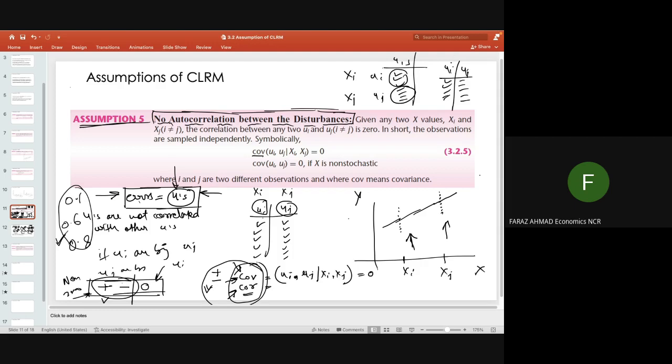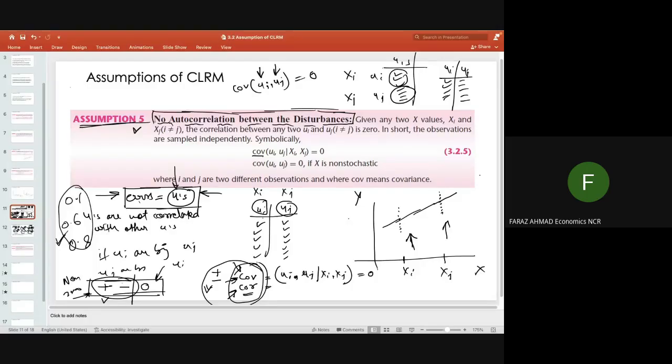If these two, ui and uj, are correlated with each other, if there is non-zero correlation, we are violating this assumption, because what we want is no autocorrelation. That means covariance of ui comma uj should be zero.